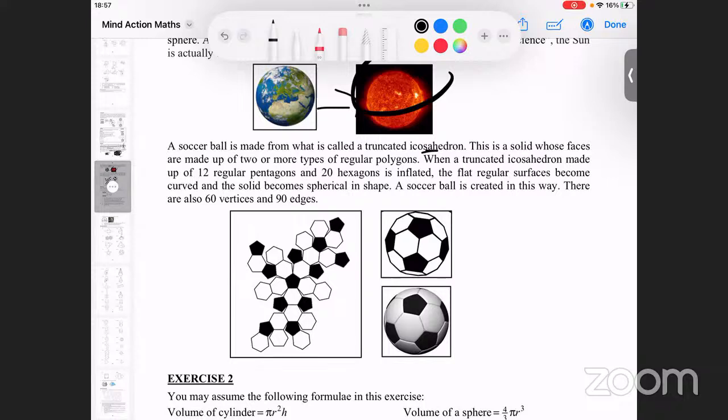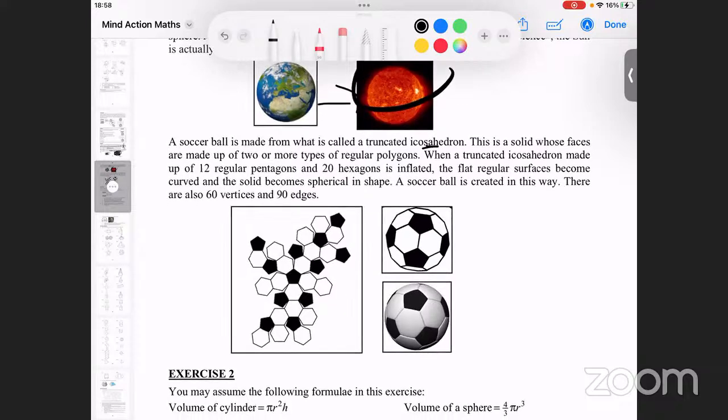Okay, how do you pronounce it, Busisiwe? Ma'am, I pronounce it as icosahedron. Okay, so it's icosahedron. Yes, ma'am. Zira, are you with me there? Yes, ma'am.